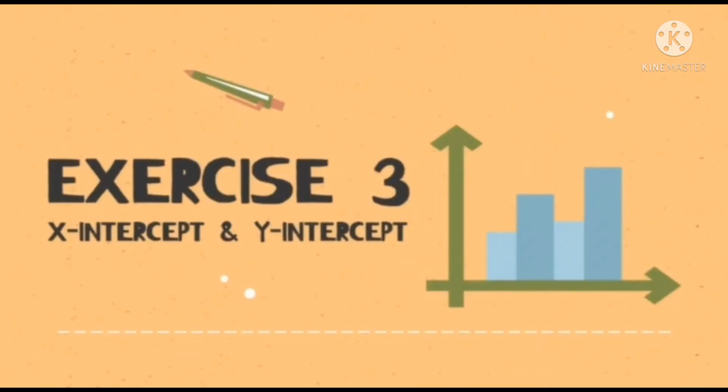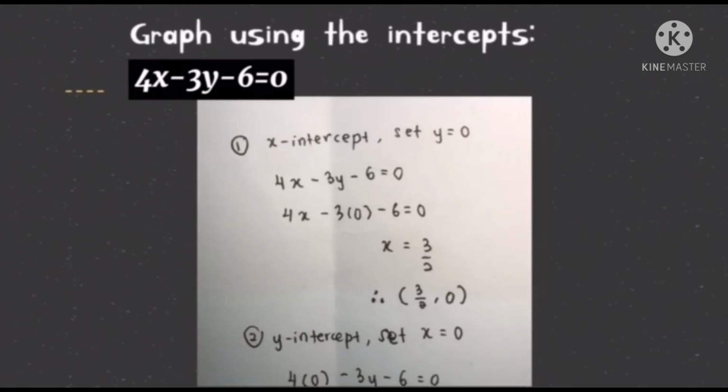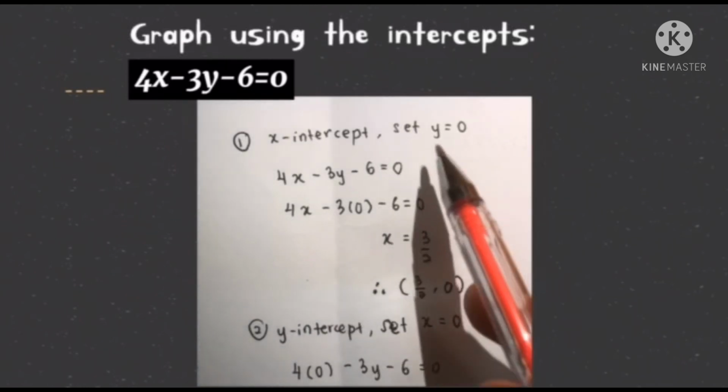For the last exercise, we need to graph using x-intercept and y-intercept. The question wants us to find the y-intercept and x-intercept for the linear equation x minus 3y minus 6 equals 0.